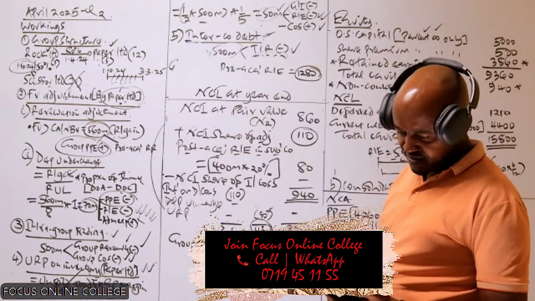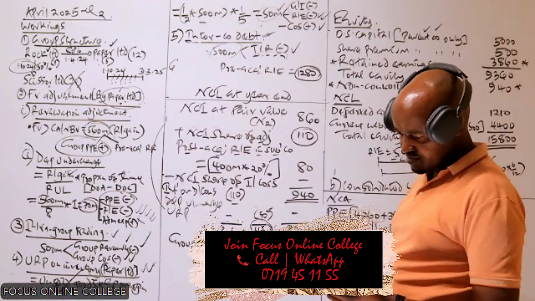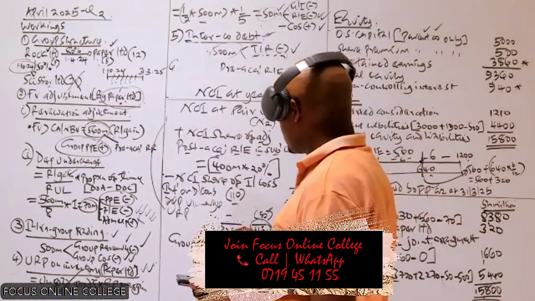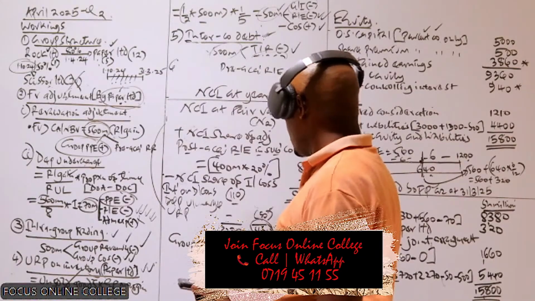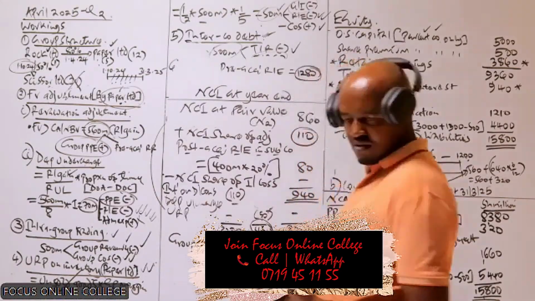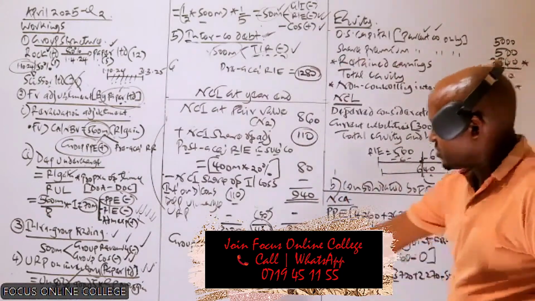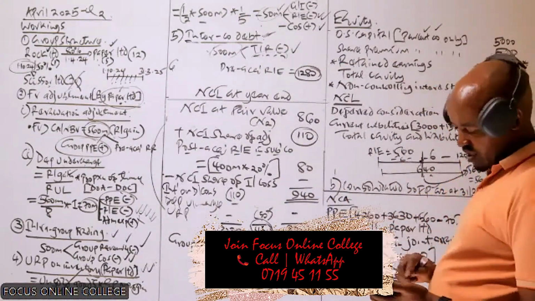33, 80 minus 110. So now this one should be 92, 70.